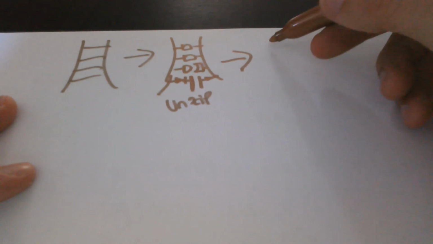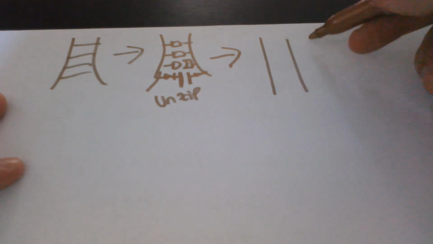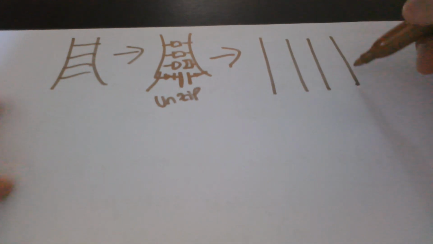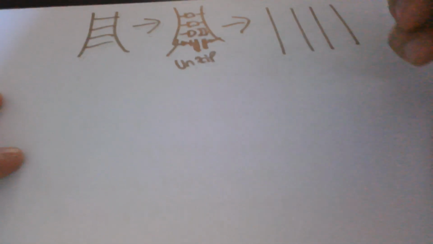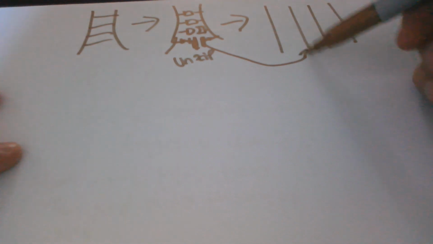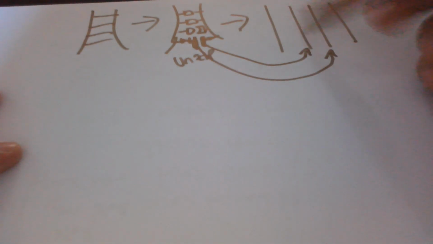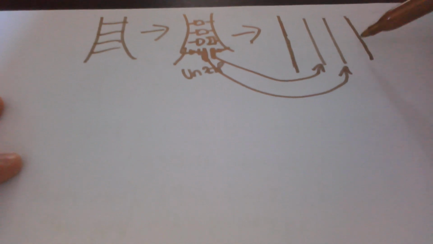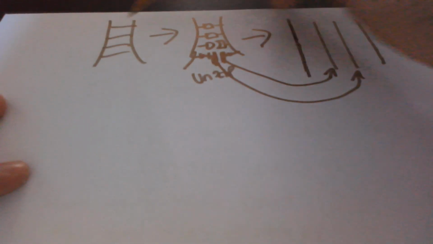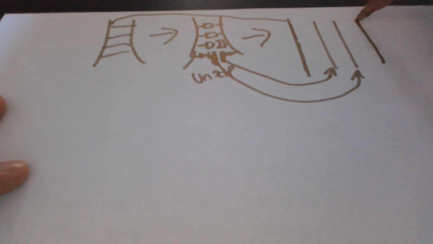So you get this and this. These two structures on the DNA that's unzipping correspond to these new uprights, whereas these two correspond to the original ones.